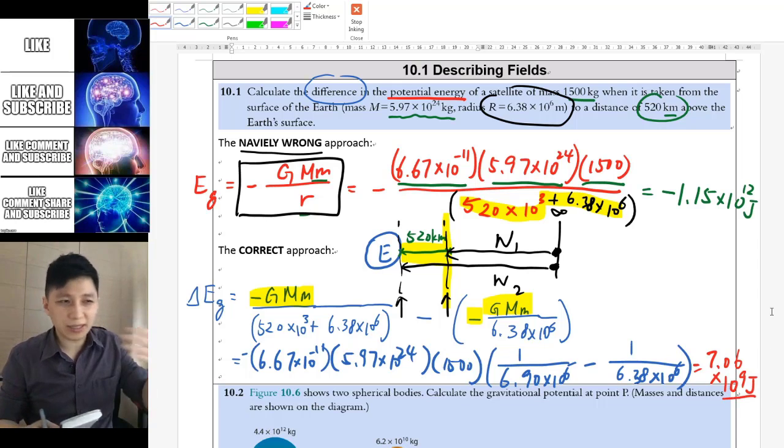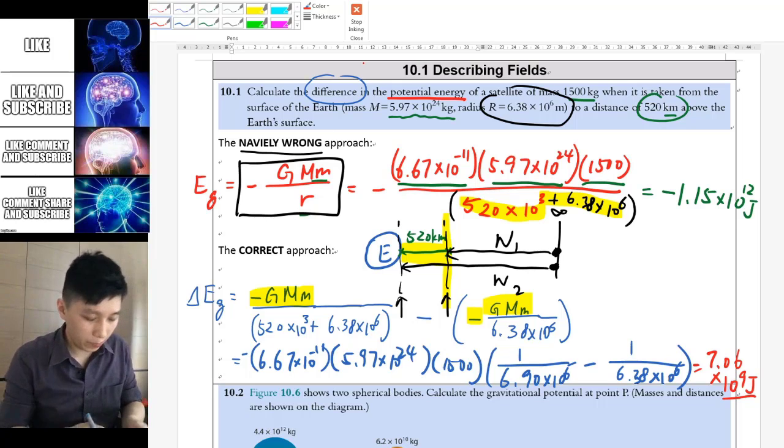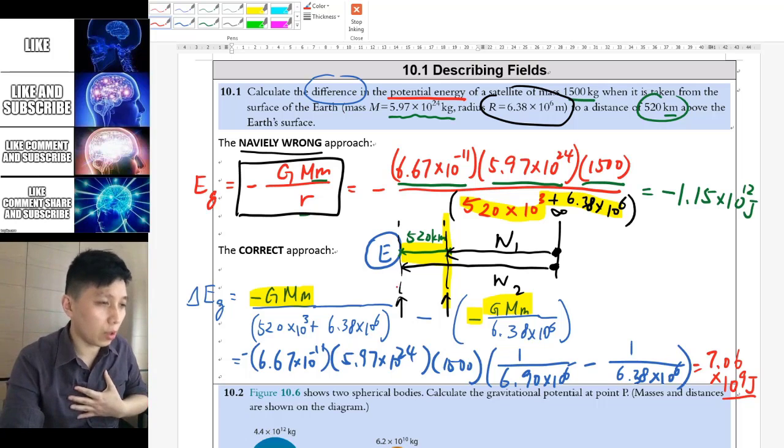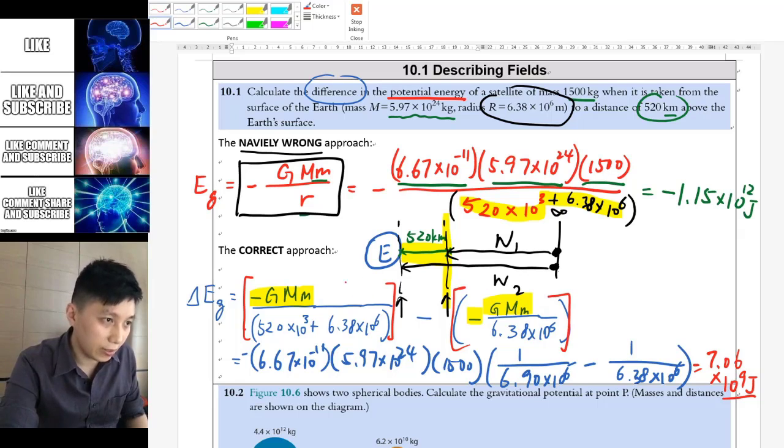It doesn't really matter which one is subtracted from which, because the question says difference only, so it could just be an absolute value. But mindfully, you should know that this one should have a greater GPE than the other one, because this one refers to the GPE at a higher position than the later one, which is on the surface.